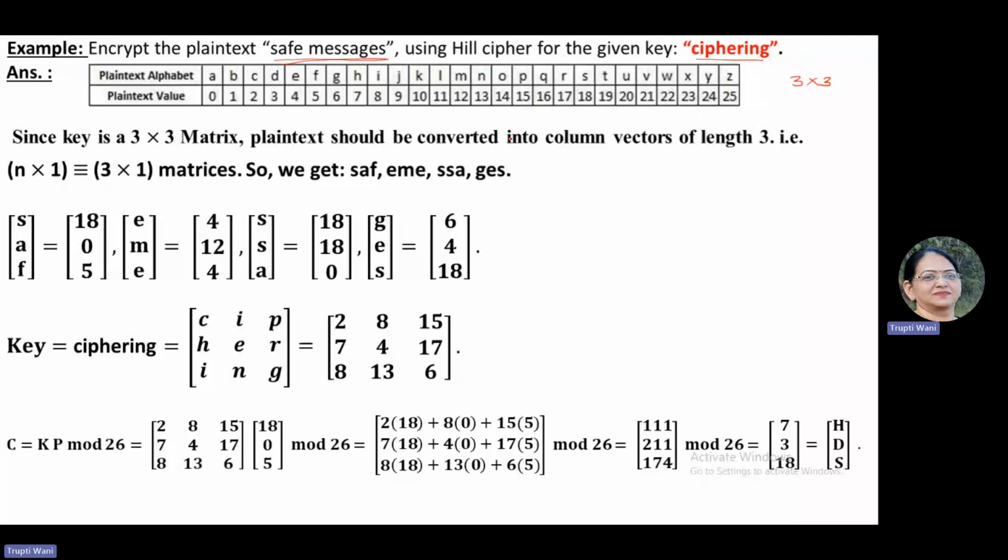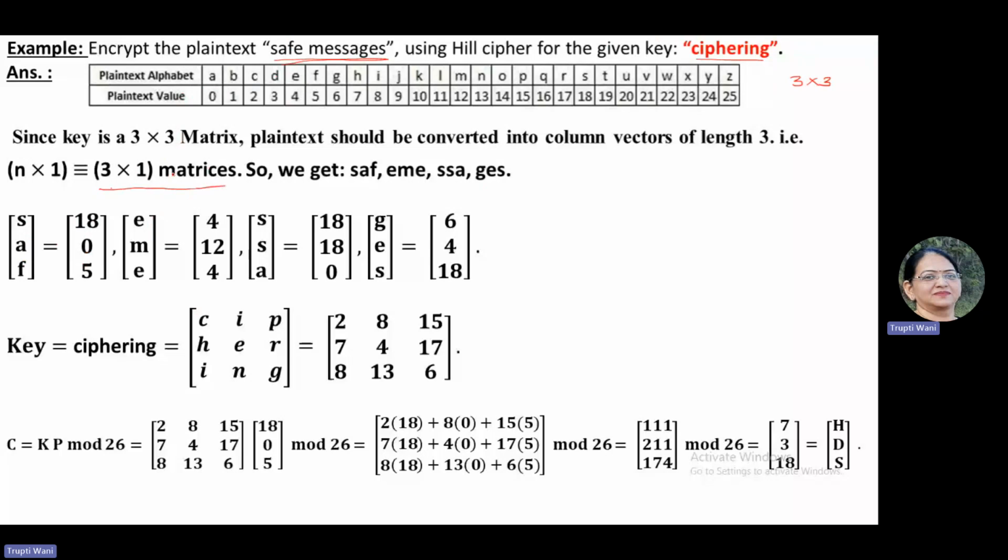We also have to convert this safe message into 3 by 1 column vectors. So divide this plain text into groups of three alphabets. First is SAF, convert this into numbers. Another is EME.